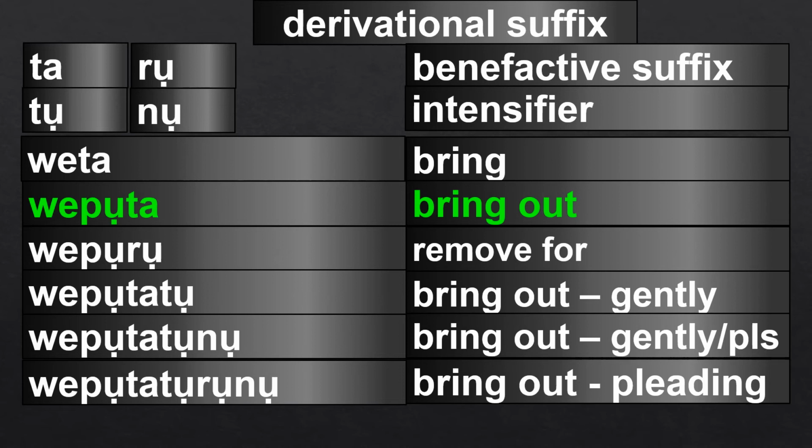So wepo is remove. Now we're adding a suffix ta. So it's now wepota, which is bring out, but bring out for. So ta is the benefactive suffix. So wepota ego na akpage, bring out the money from your pocket. So maybe we want to use the money to pay for something. So it's for us, not throwing the money away.